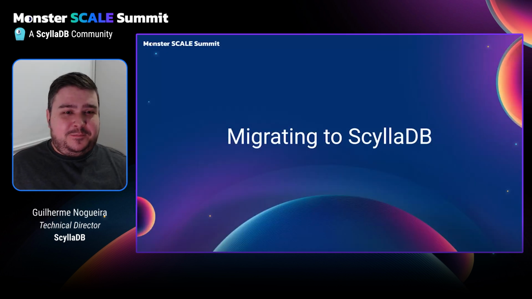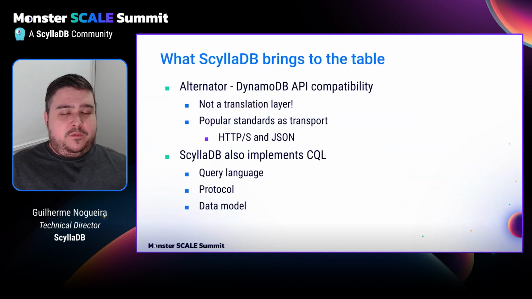Okay, thank you, Nadav. So let's discuss a bit about how to migrate out of Dynamo and into Scylla. First, let's talk about what ScyllaDB brings to the table. It's not only the DynamoDB-compatible API, which Nadav just mentioned, which is not a translation layer, so it's really performant and part of the product, and you can leverage all the goodies and performance improvements that the base ScyllaDB product receives.